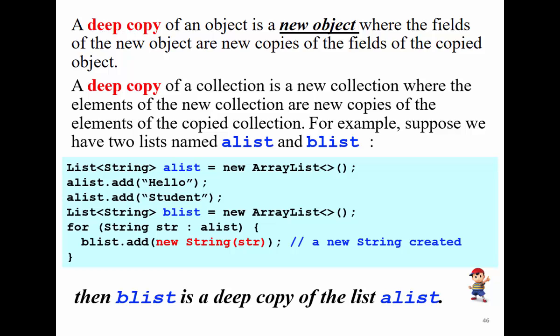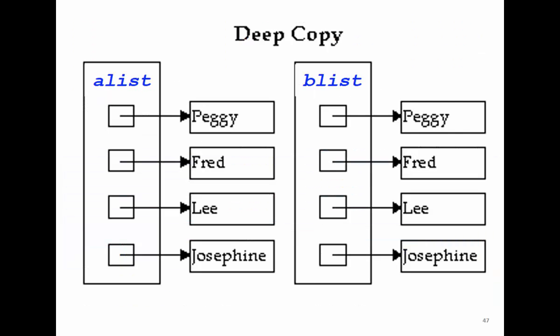Okay? And you can see here, we are using a new string. We take the string value that exists in a list, create a new string, and insert it inside plist. We end up with this diagram, which shows that there is no relation between a list and plist. A list is an object of array list living in the memory and has some items. Plist is also another object in the memory and has different items. Okay?